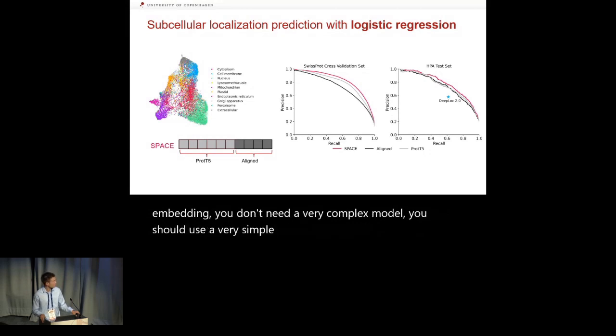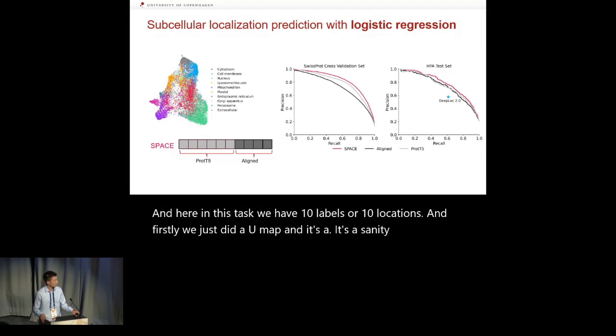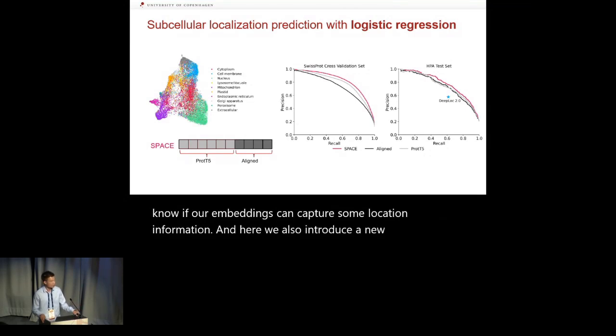And in this task, we have 10 labels, or 10 localizations. Firstly, we did a UMAP as a sanity check to know if our embeddings can capture some localization information. And here we also introduced a new terminology. We call it the SPACE embedding, where we concatenate the ProtT5 and the aligned embeddings together.